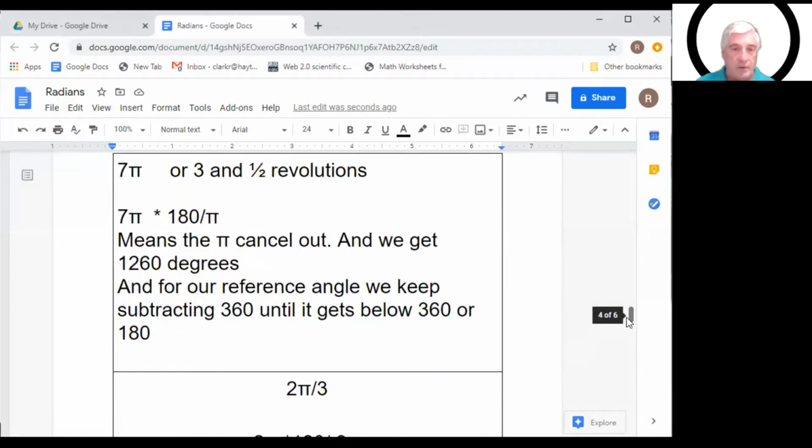In our reference angle, we've got to have an angle between 0 and 360. So we keep subtracting 360 till it gets below 360, and it comes out 180. Should have figured that out because it's 3.5 revolutions. A half a revolution on our unit circle should go from 0 to 180.